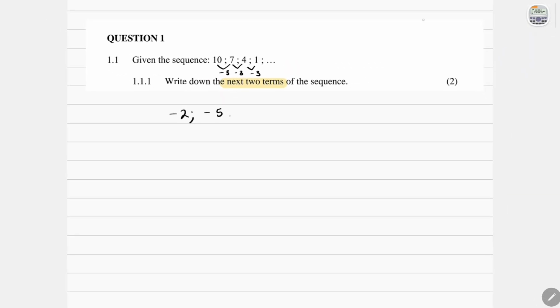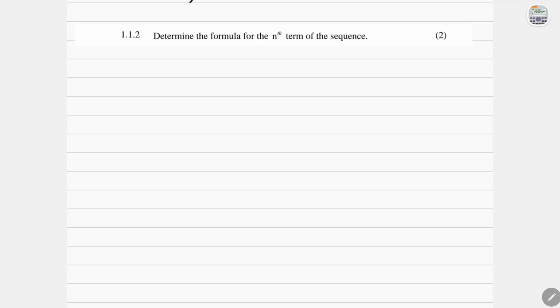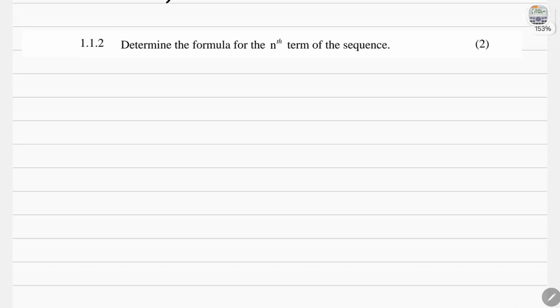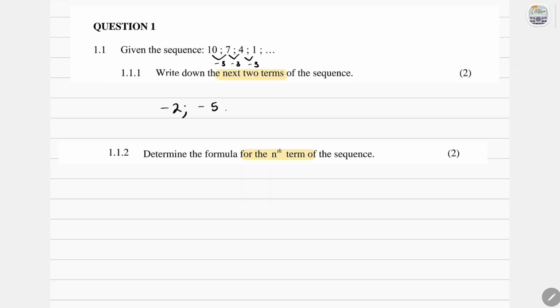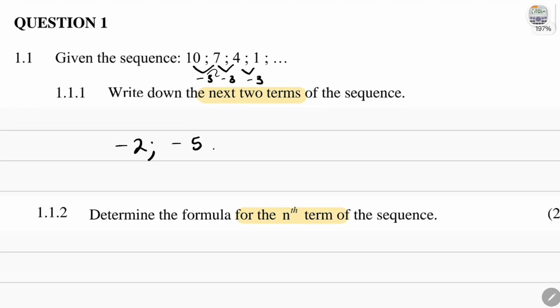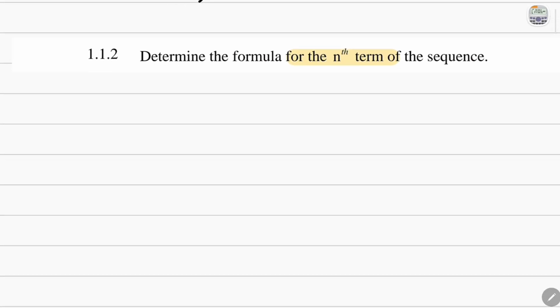Moving on to the next question. Question 1.1.2 says, determine the formula for the nth term of the sequence. This just depends on which method you are using. Because we have a constant difference, the difference that we keep subtracting or adding to get to the next term is constant. This is a linear pattern.